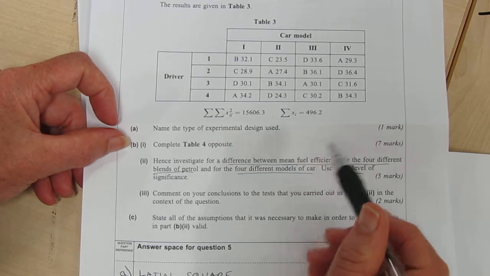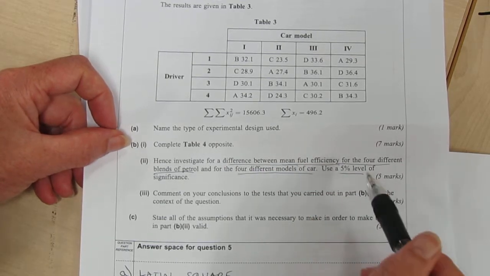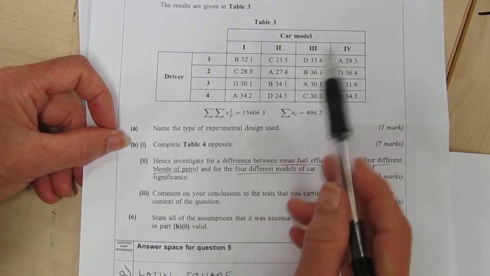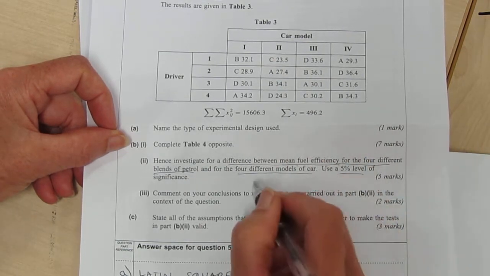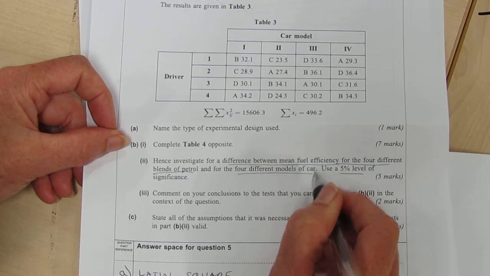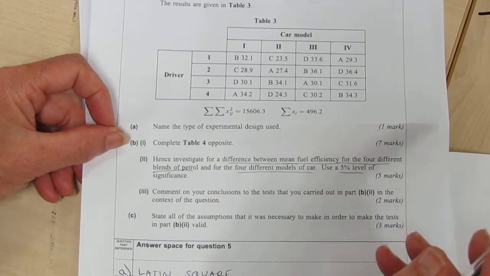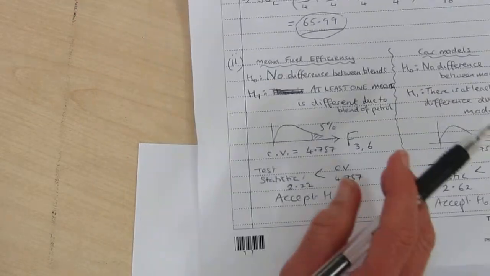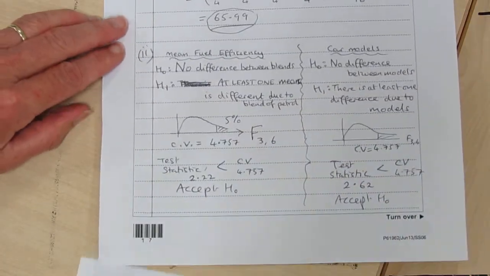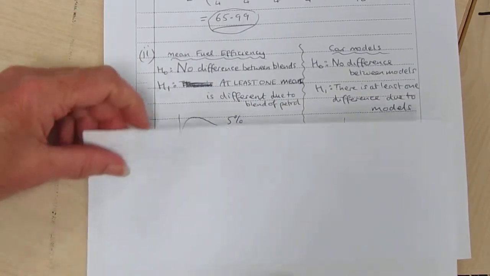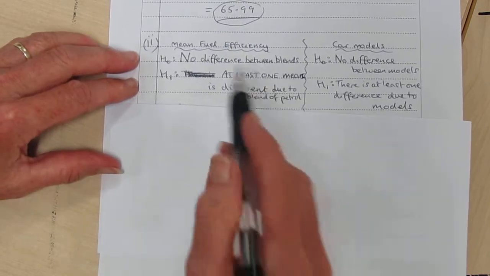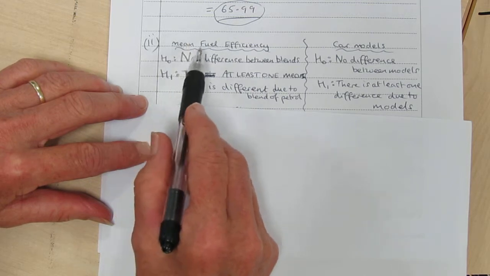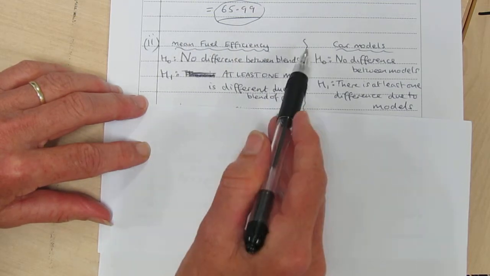So you're going to do 2 different sets of hypotheses, one for the 4 different blends of petrol, that was the letters, and one for the 4 different models of car, which is the top there. So my hypotheses are, mean fuel efficiency between blends.